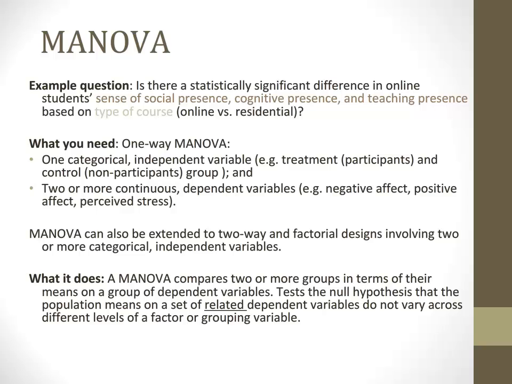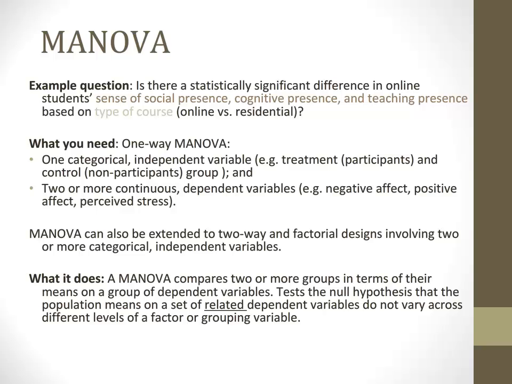A MANOVA is used when you have one categorical independent variable and two or more continuous, related, or correlated dependent variables. If the dependent variables are not related or correlated, you can do multiple t-tests or multiple one-way ANOVAs. But if they are correlated, to decrease the risk of type 1 error, a MANOVA should be run.